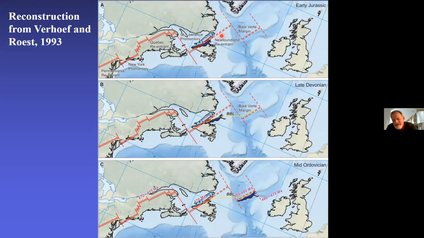With some freedom, I extended those promontories and re-entrants all the way in between the Caledonides and the Appalachians. If you use the evidence for significant Devonian transcurrent motions, published and all the evidence of how you do that by John Waldron and co-workers a few years ago, then what you see is that the whole area of Dashwoods, Notre Dame subzone, plus its associated Baie Verte margin, was sitting to the north of Newfoundland.